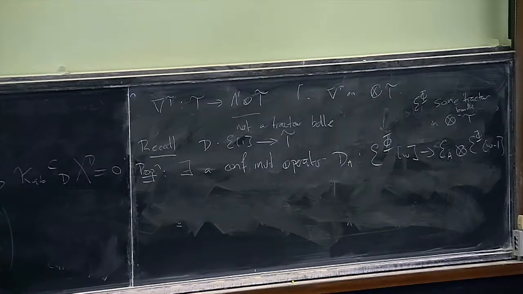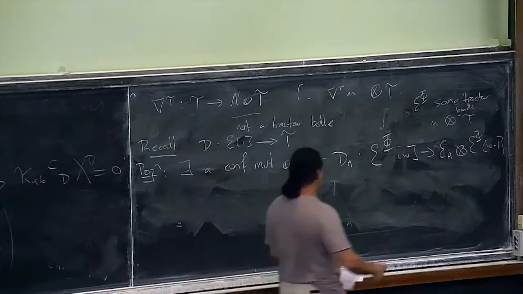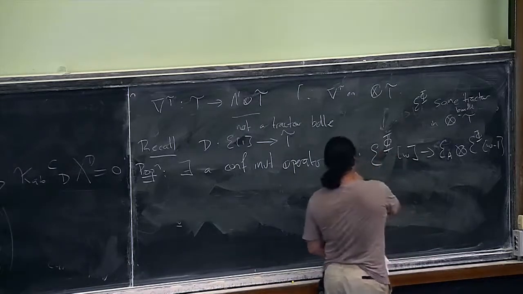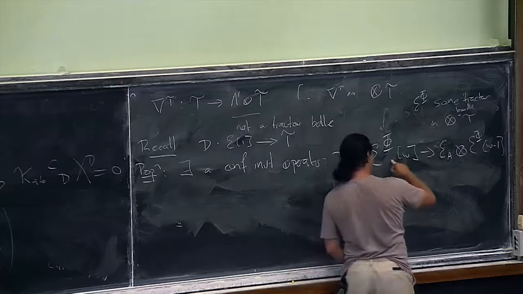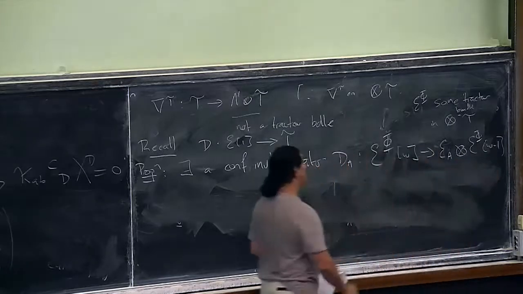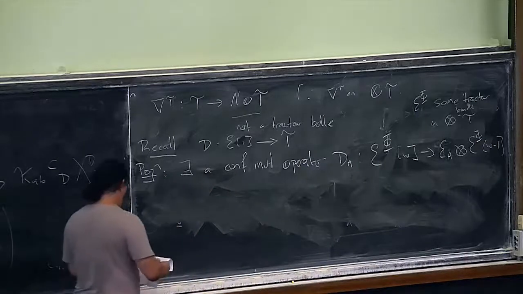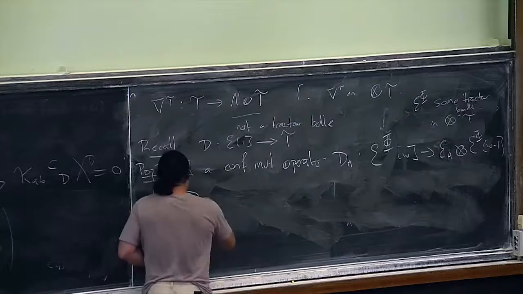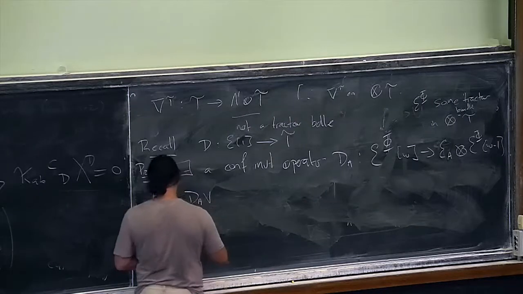So take anything like that, tensor densities of weight W: there's a conformally invariant operator that takes things like that to the standard tractor bundle tensor the bundle you started with, except the weight's shifted by 1, and it's given by this formula, which is almost like the formula we gave before.